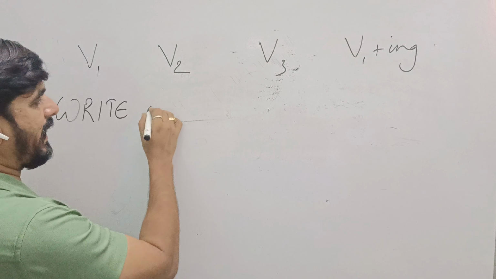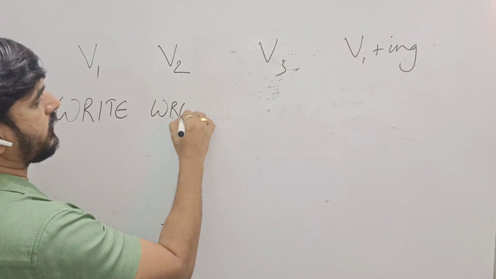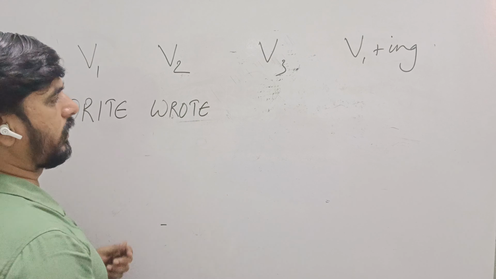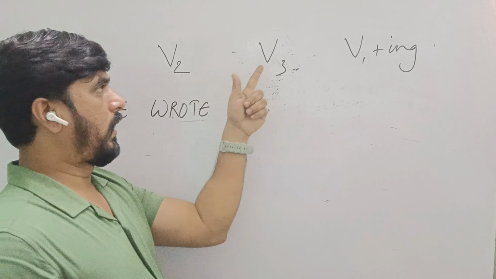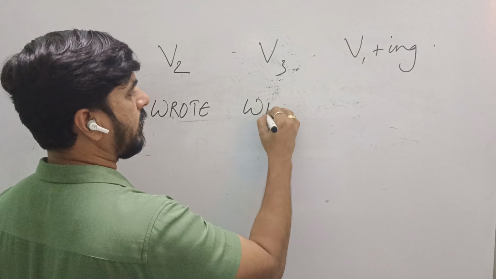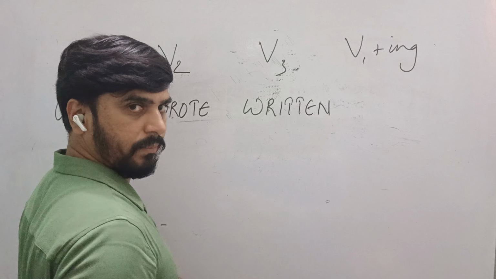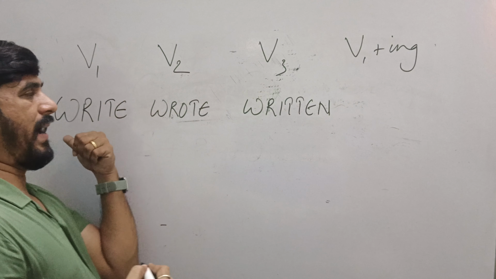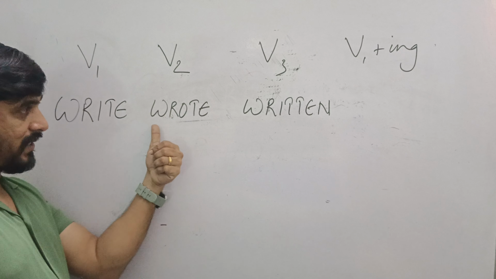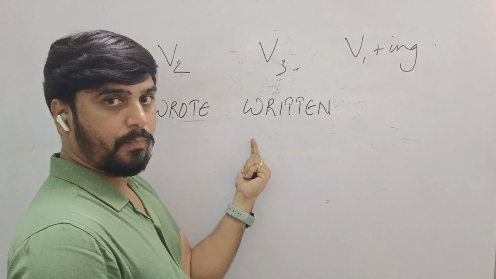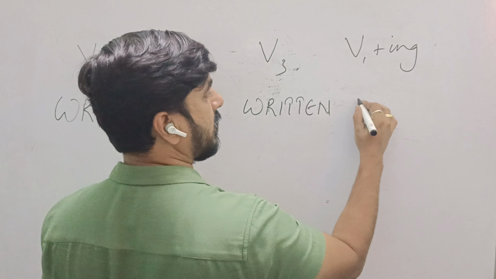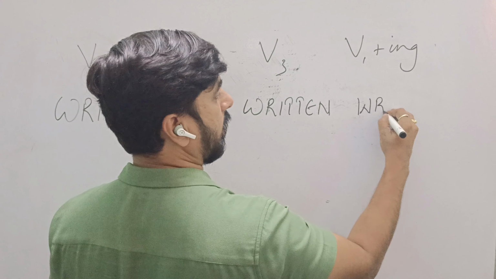V2 is past tense, the word is wrote. Write, wrote. And V3 is written. This is present tense, past tense, past participle, and the last one is present participle.